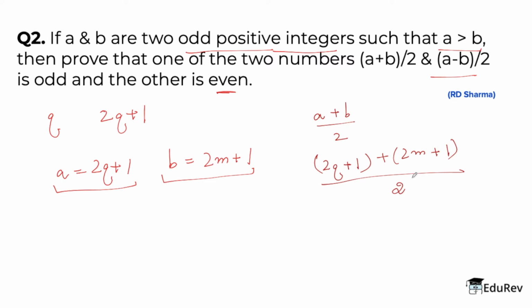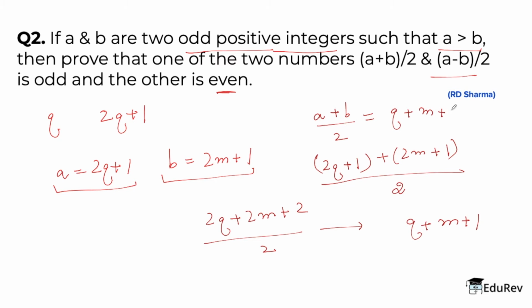So (A plus B) by 2 is going to be (2q plus 1 plus 2m plus 1) by 2. Let's solve it. It's going to be (2q plus 2m plus 2) by 2. When I solve this, I'll get q plus m plus 1. That is, (A plus B) by 2 is nothing but q plus m plus 1.